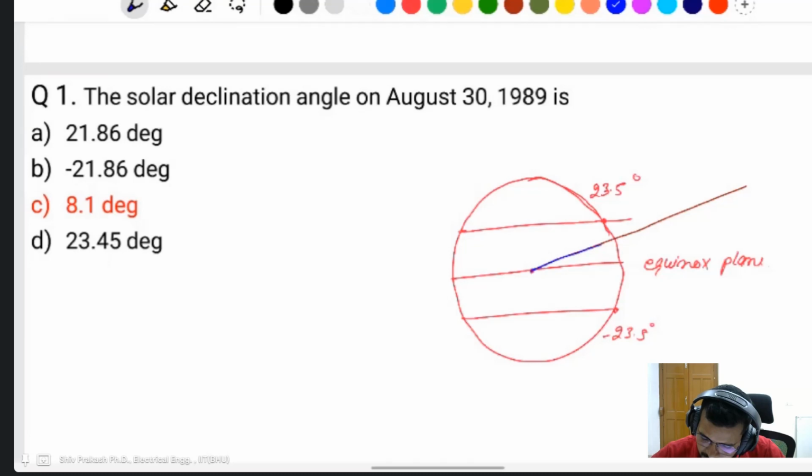This is the insolation line. The angle between the equator plane and that insolation line is known as the declination angle. It depends on the day of the year.